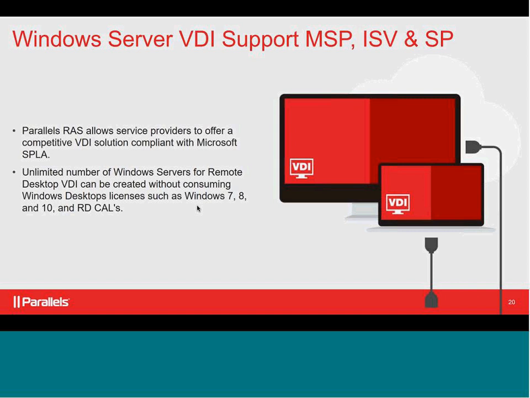It is a very specific feature that was introduced years ago by Microsoft for service providers, and now we are allowing Parallels RAS customers using VDI to also deploy the RAS agent in Windows Server virtual machines. And it can be templated like a regular VDI that you run on Windows 7, 8, or even 10.